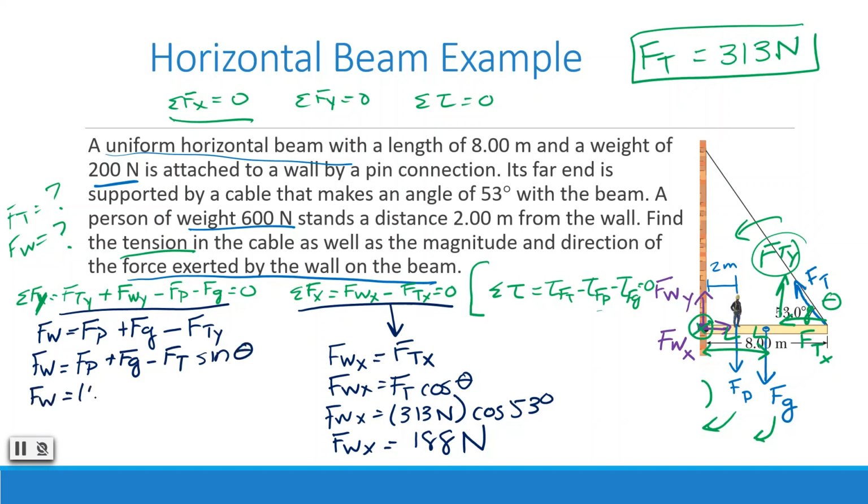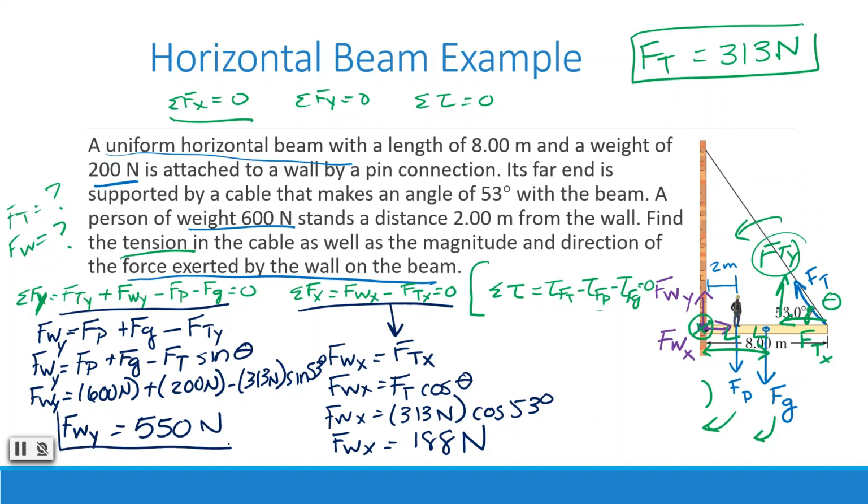So we get Fp is 600 newtons plus Fg is 200 newtons minus Ft is 313 newtons sine of 53. And that's Fwy, sorry. Pesky subscripts. Gives us 550 newtons. So that calculated out as positive, so we were correct in our assumption that Fwy is positive, because otherwise, if it was down, that would calculate out as negative, because I assumed it was upward.